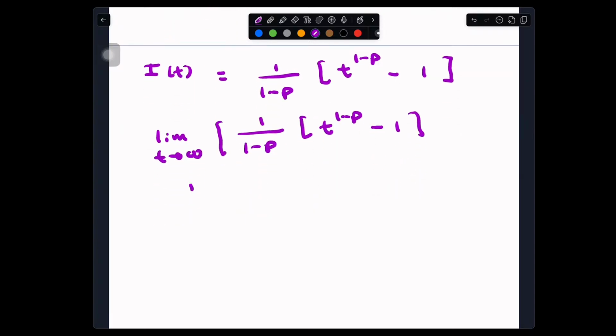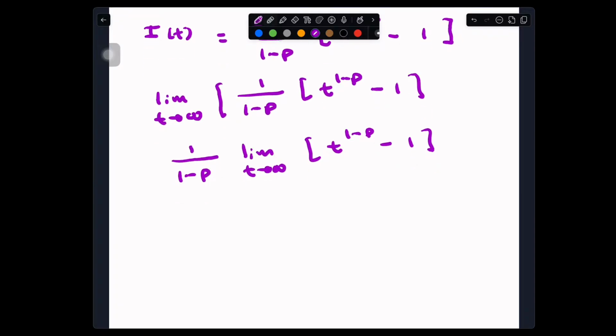We're going to pull out the constant of 1 over 1 minus p. We'll look at the limit as t goes to infinity, t to the 1 minus p minus 1. So we're going to focus on a few things now here. We're going to look at cases now for p.